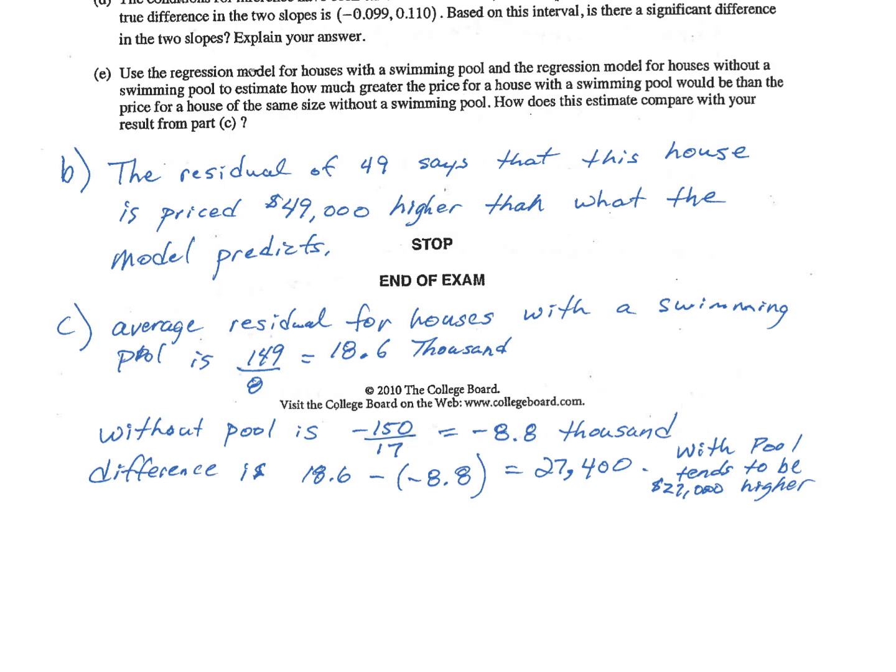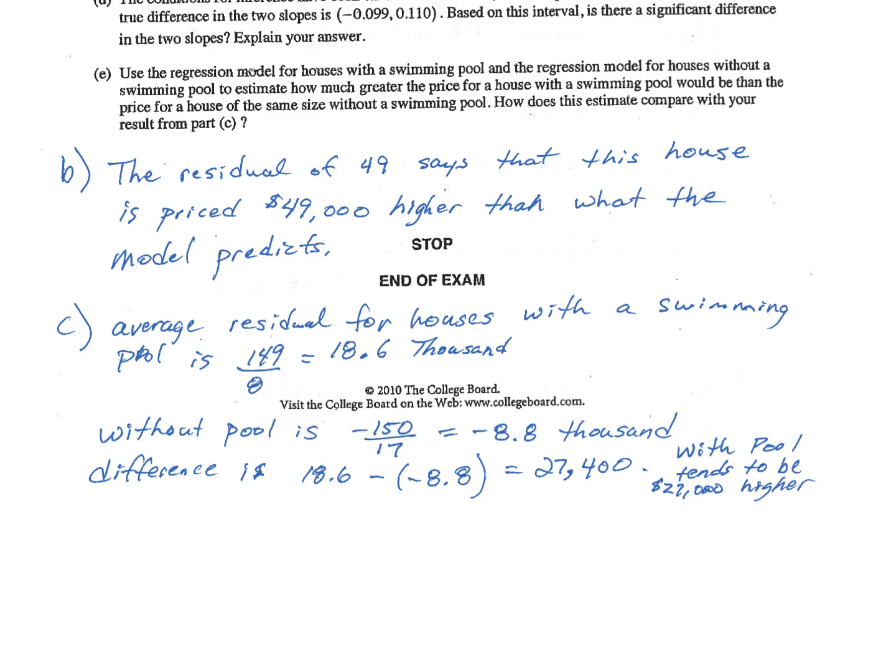Okay, next one. Part B, the residual of 49. This house was priced $49,000 higher than what the model predicts for its size. Hopefully you said for its size. And then this was the key.